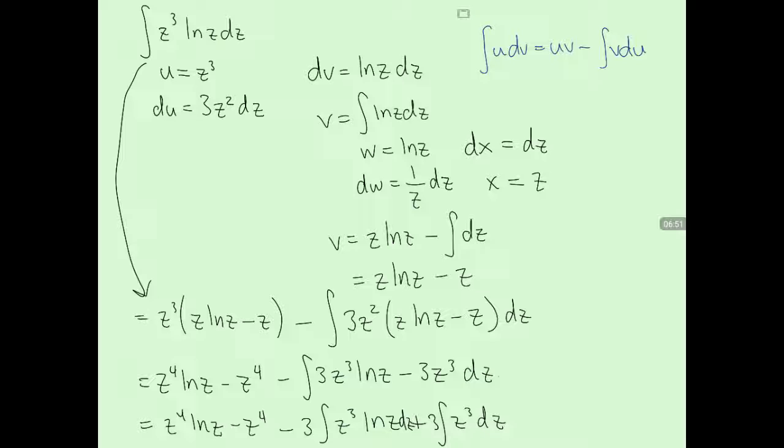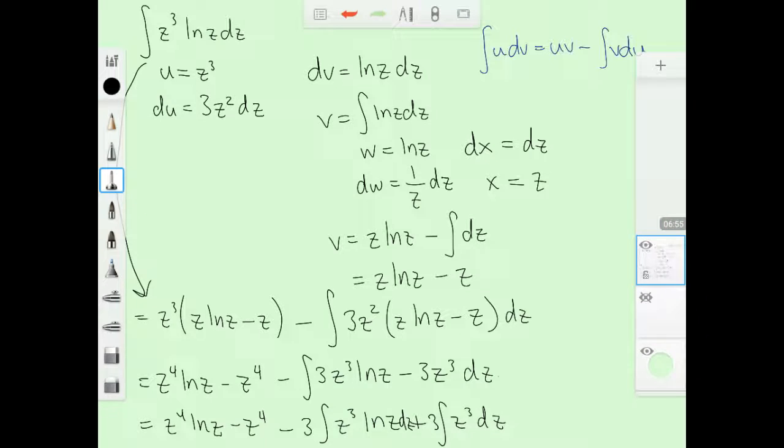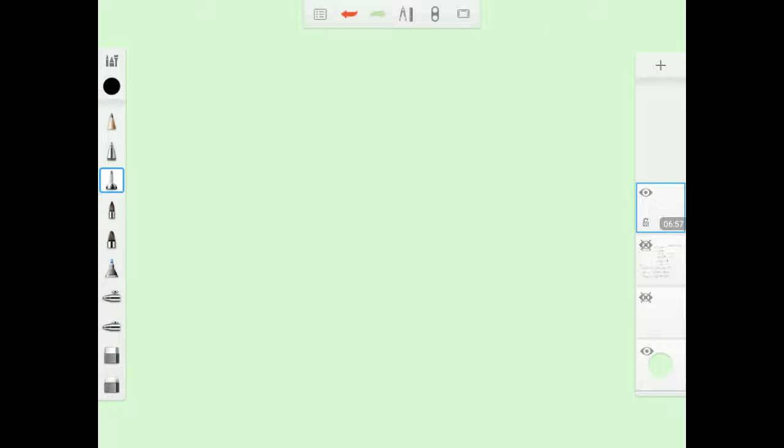So what we can do now is find some more space. What we can do now is just copy down everything we had before. So z to the fourth ln z minus z to the fourth minus 3 times the integral of z cubed ln z dz.